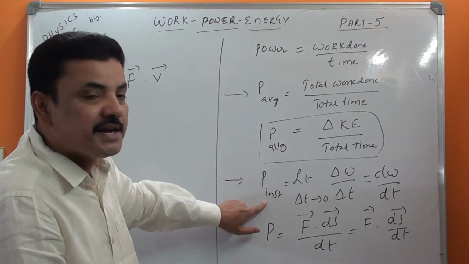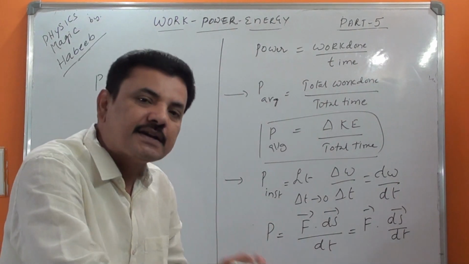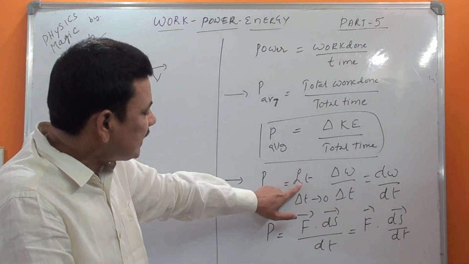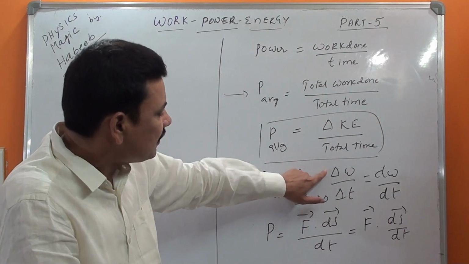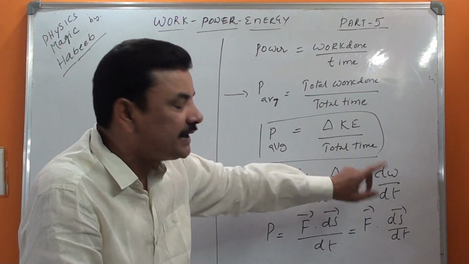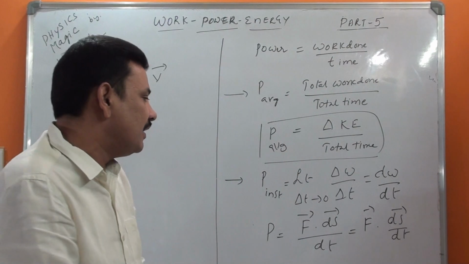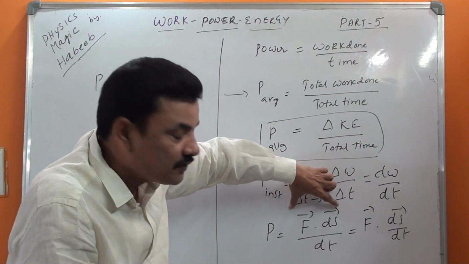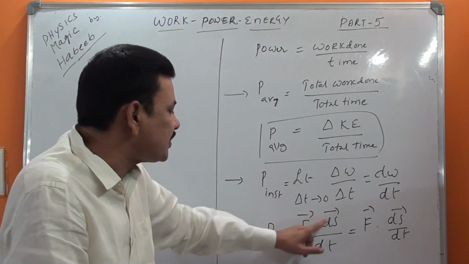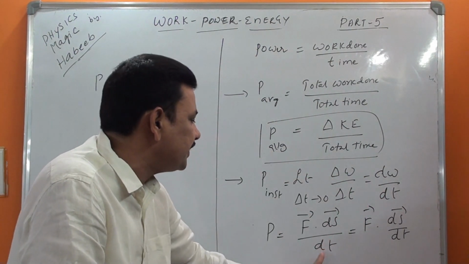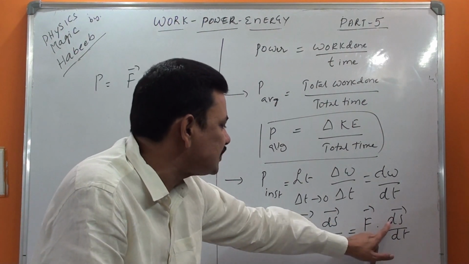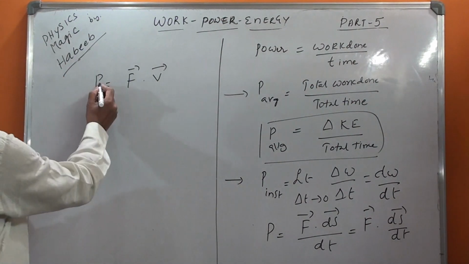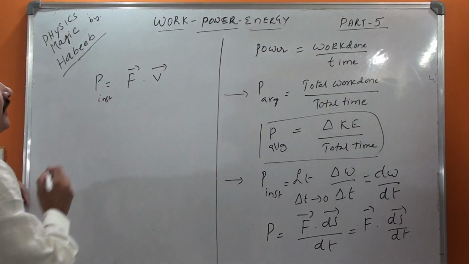So instantaneous power means at any particular instant, if they ask power, we have to use this formula. In this, limit delta t tends to 0, delta w by delta t can be written as dw by dt for a small interval of time, and from your previous knowledge dw is f bar dot ds bar, divided by dt. Then ds by dt is nothing but velocity.